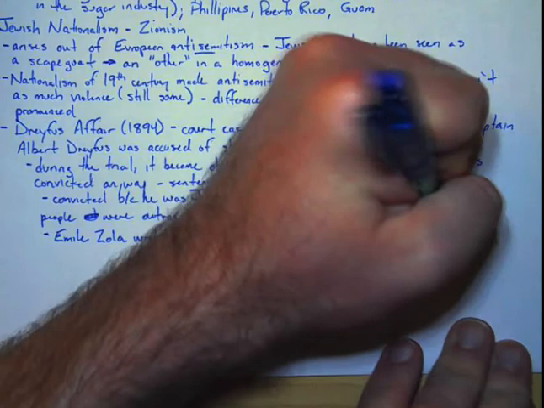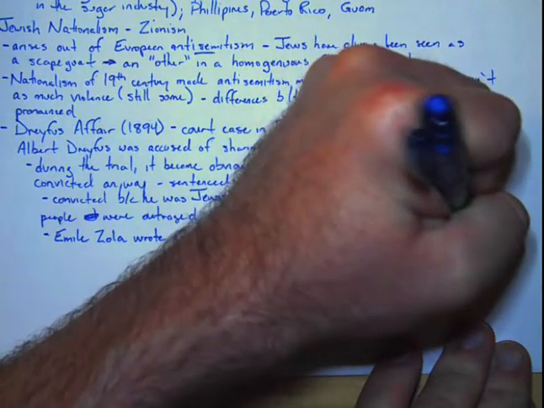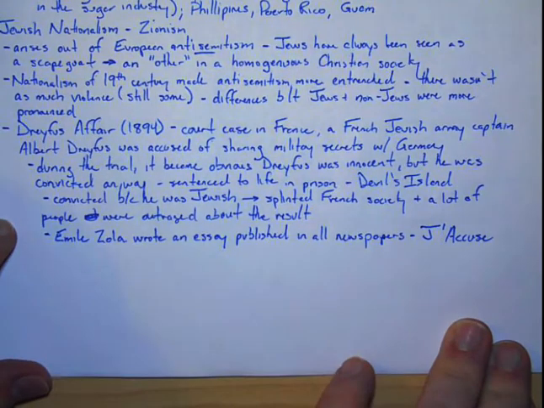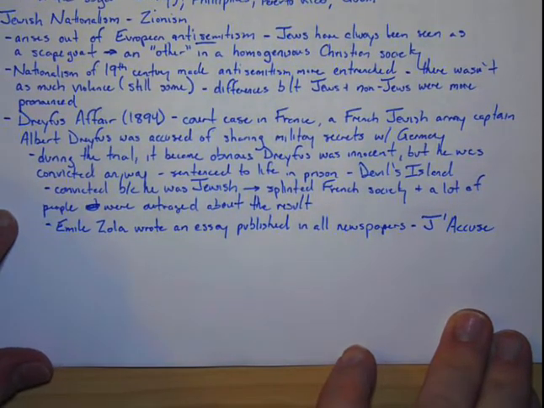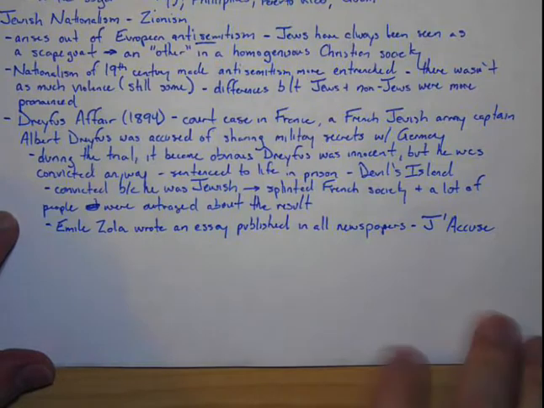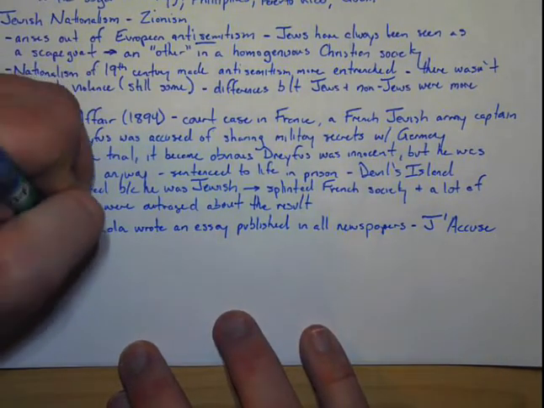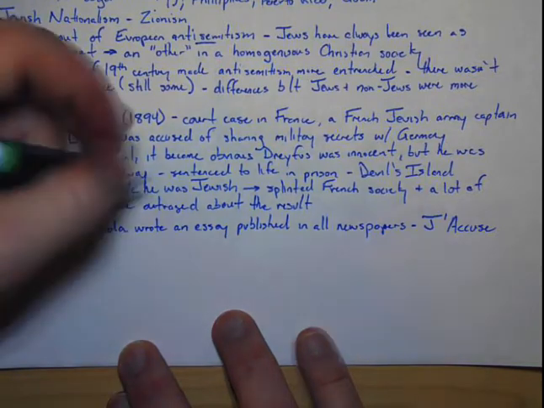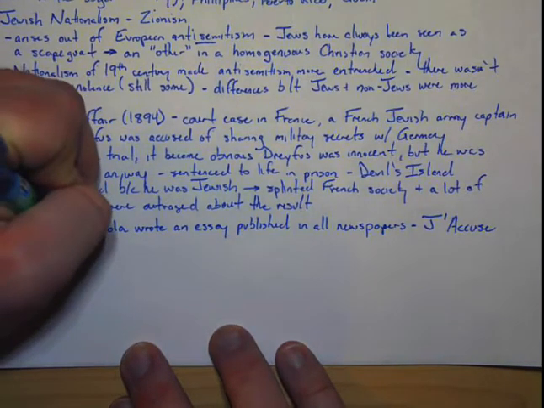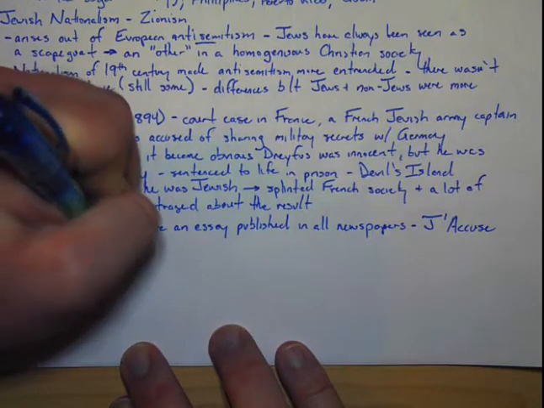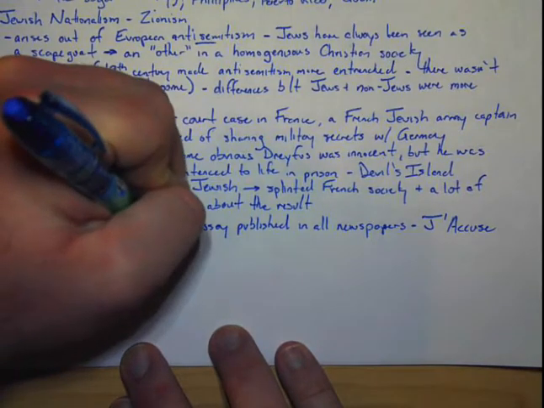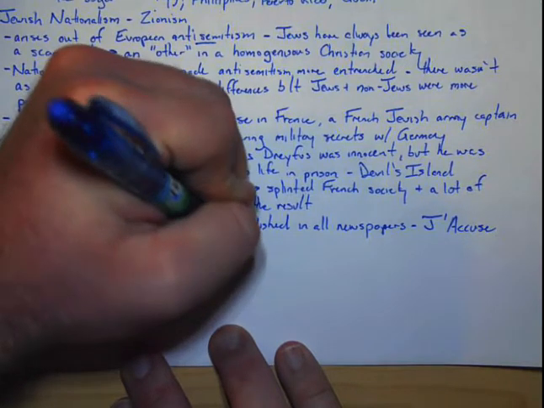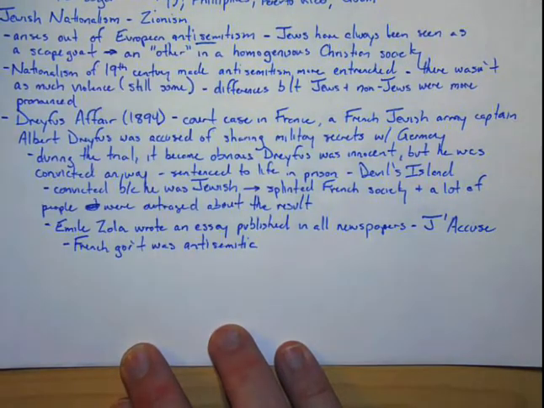And it was titled J'accuse, which means I accuse you. And the point of this essay, the argument that he's making, is that the French government was anti-Semitic. That was the point he was making.